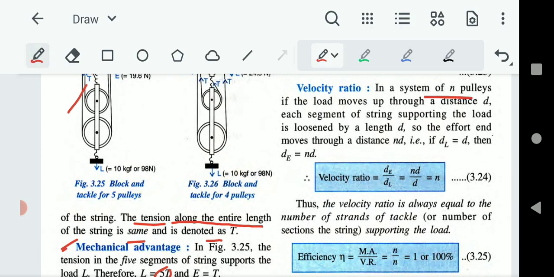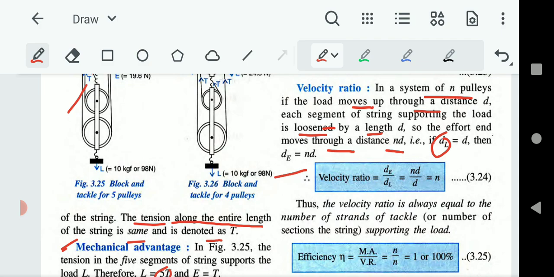In a system of N pulleys, if the load moves up through a distance d, each segment of string supporting the load is loosened by a length d. So the effort moves through a distance nd. That is, if the displacement due to load is d, then the displacement due to effort is nd.